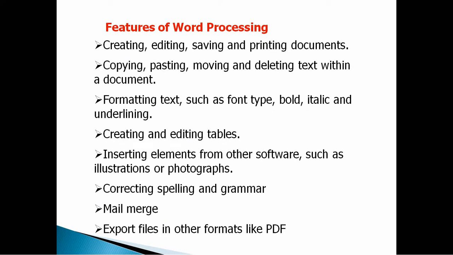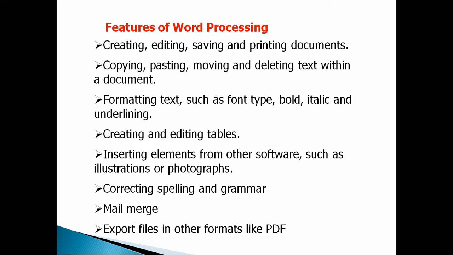By using word processing software, we can use these options. We can create, edit, save, and print documents. Copy, paste, move, delete text within a document. You can format text such as font type, bold, italic, and underline. Create and edit tables. We can insert elements from other software such as illustrations or photographs.